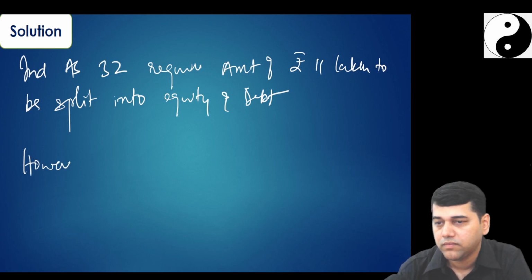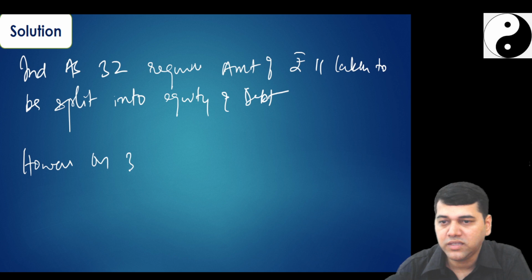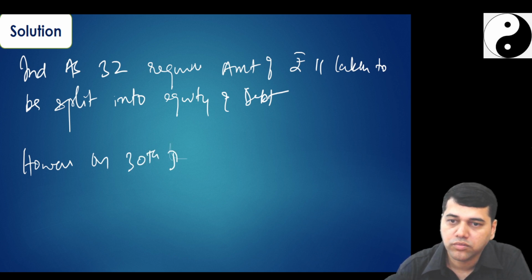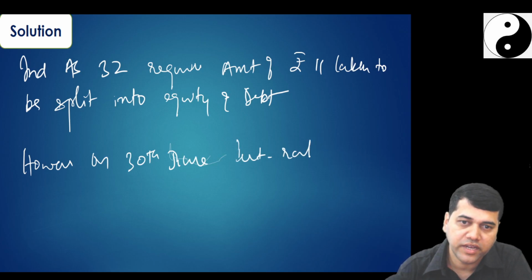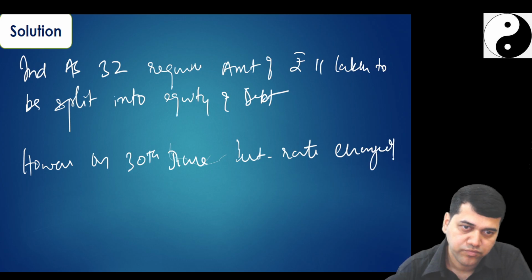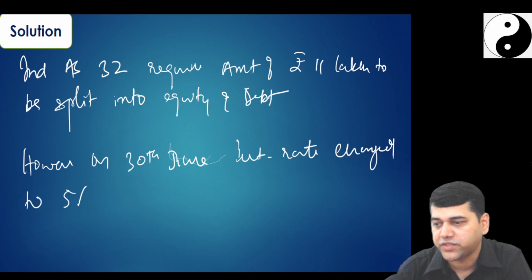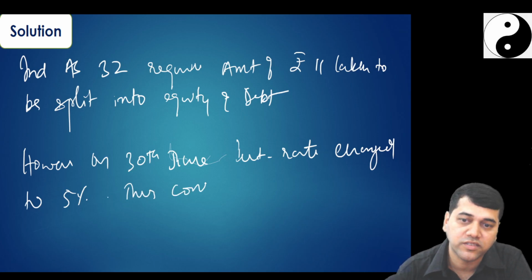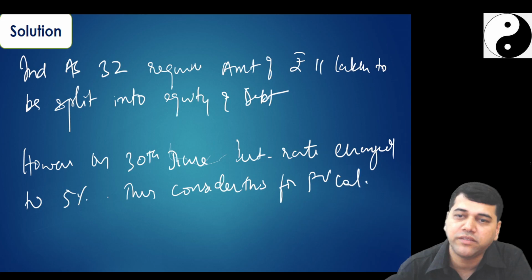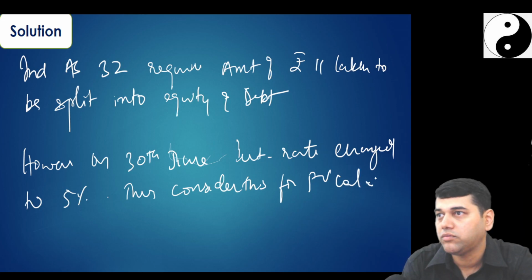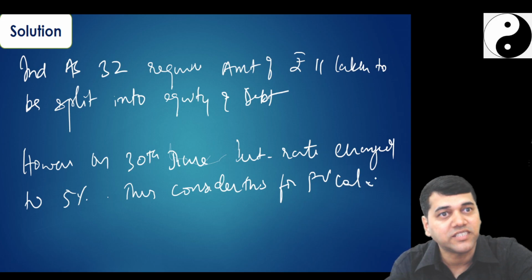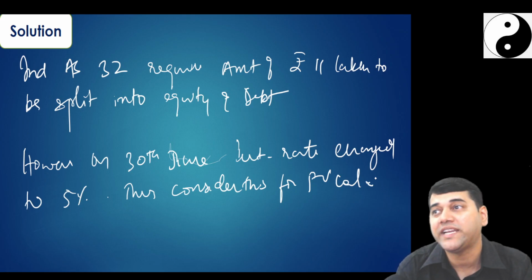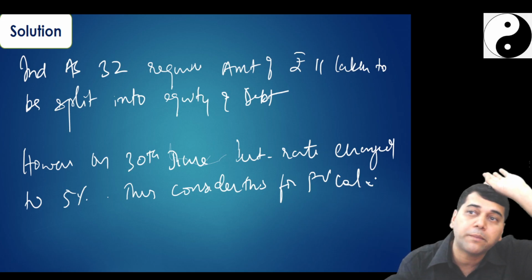However, on 30th June, interest rate changed to 5%. Just consider this for fair value calculation. That means how much I need to pay right now is the present value of 10 lakh 60, not at 6%, because 6% was 2 years back.